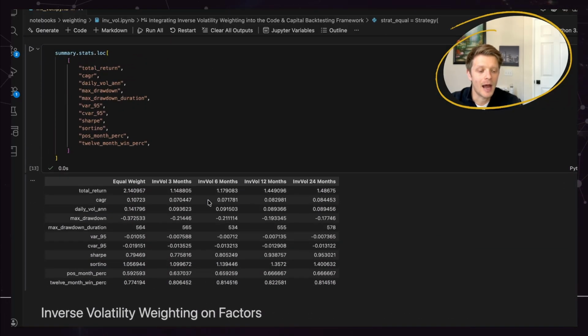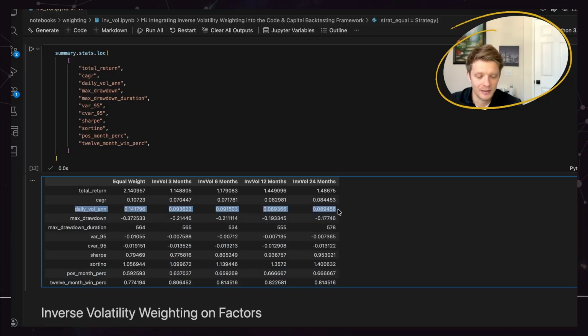So what is the upside of using inverse volatility? You can see even though the total return is lower in all of our strategies, the main advantage of the inverse volatility is the third row here. Across all different look-back timeframes, it has a reduced volatility, or annualized volatility, compared to the equal weight strategy.